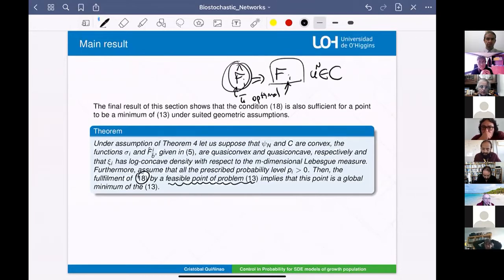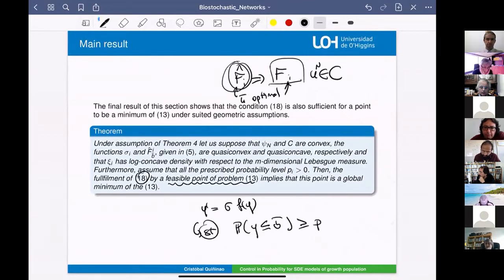Okay, so what we're saying here is that at least when you work with this equation, and the constraint is that the probability of y smaller than a safety level is larger than some safety control, in that case you have existence and uniqueness of only one control that does the good things.